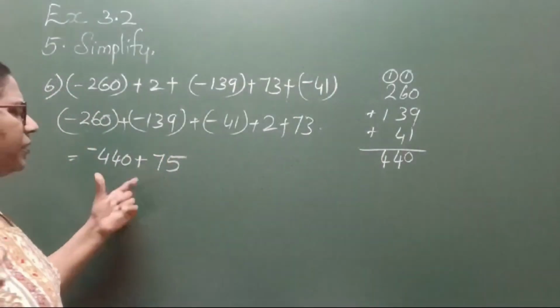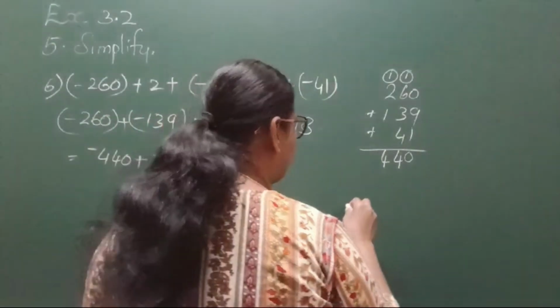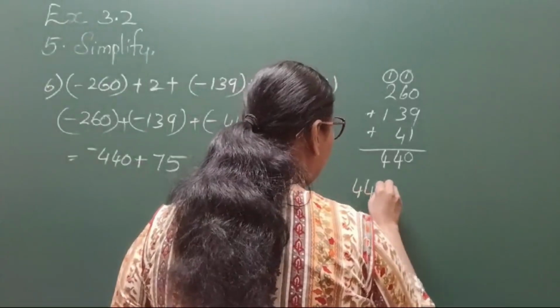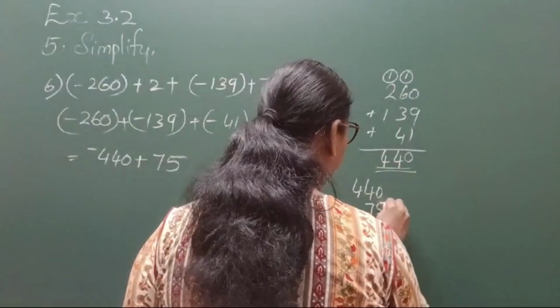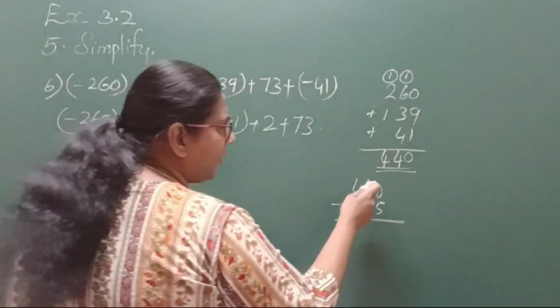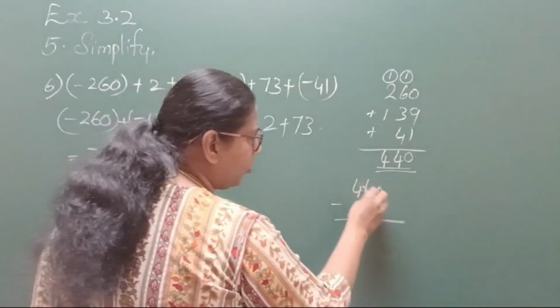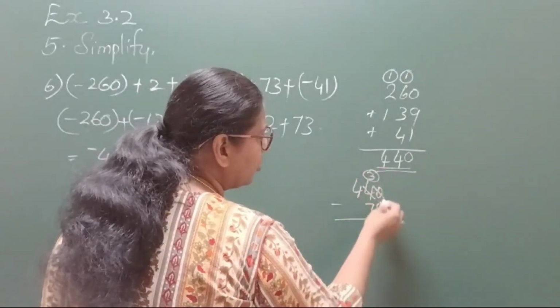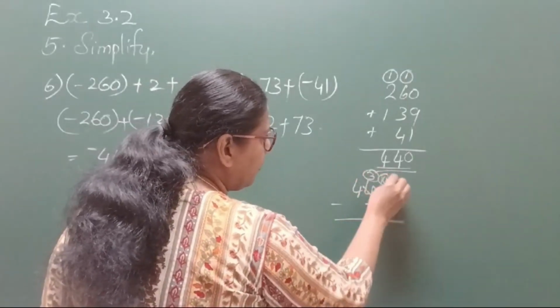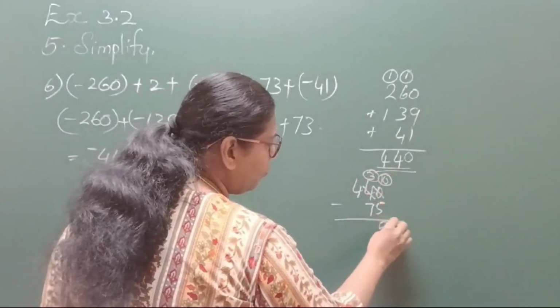Two different integers, so we will find the difference. 440 minus 75. From 0 we cannot subtract 5, so we have to borrow from 4. 4 will become 3, then this 0 becomes 10. 10 minus 5 is equal to 5.